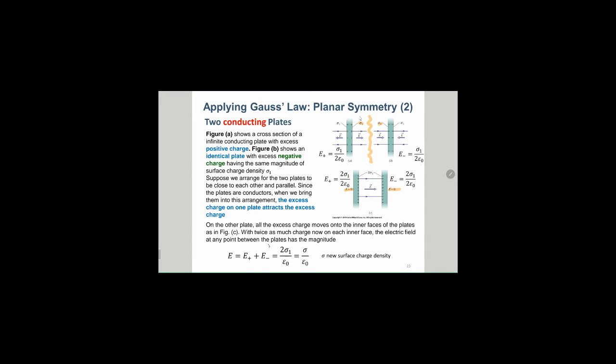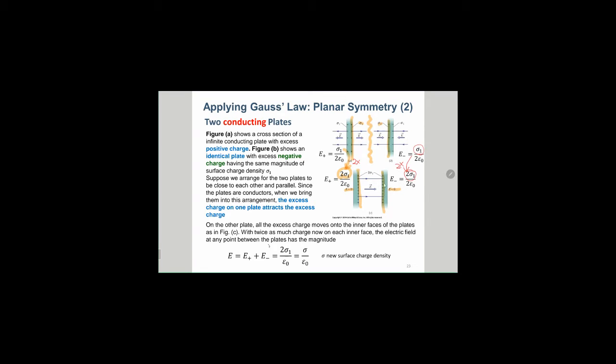So when you consider this part and this part, the density becomes double. And when you consider this surface and this surface, the density also becomes double.